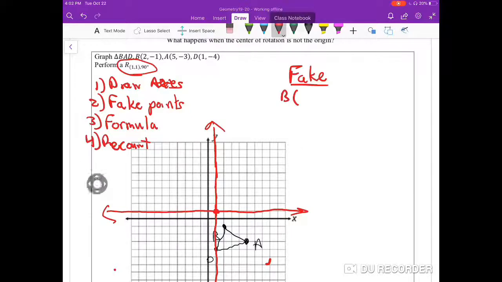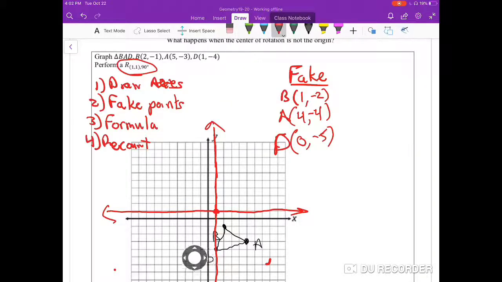So based off the red axes here, I would go to the right 1, down 2 to get to B. So it's going to be 1, -2. My fake A, again, is down here based off the red, is going to be over 4, down 4. So it's going to be 4, -4. And my point D is going to be 0, -5, because it's right down here on my fake y-axis.